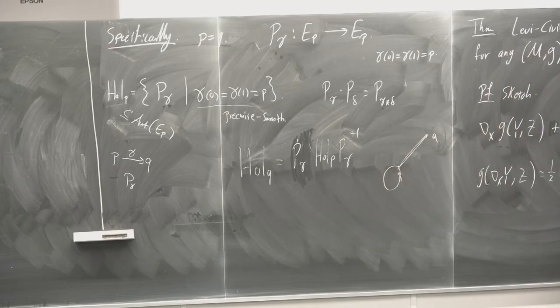You have the other inclusion, and so they're actually the same groups. So whenever you have two points that can be connected by a curve, the holonomy groups are actually the same. Good. So basically, we have one holonomy group per path component of our manifold.